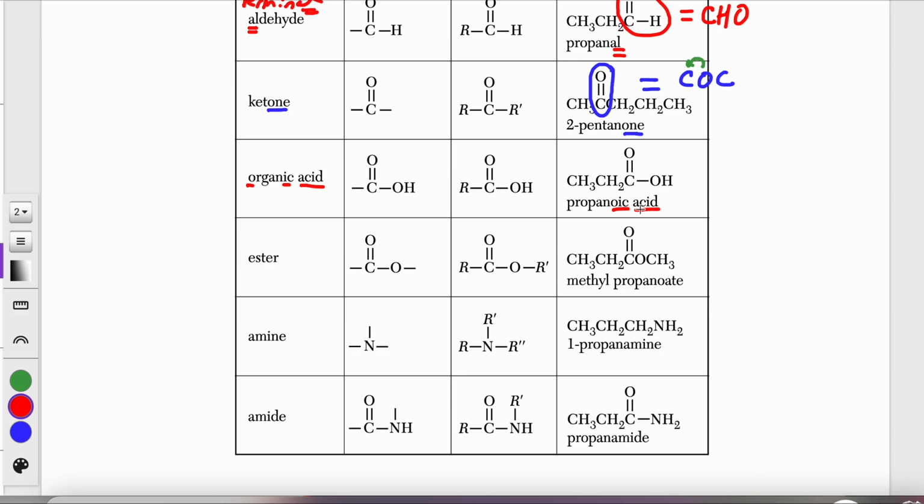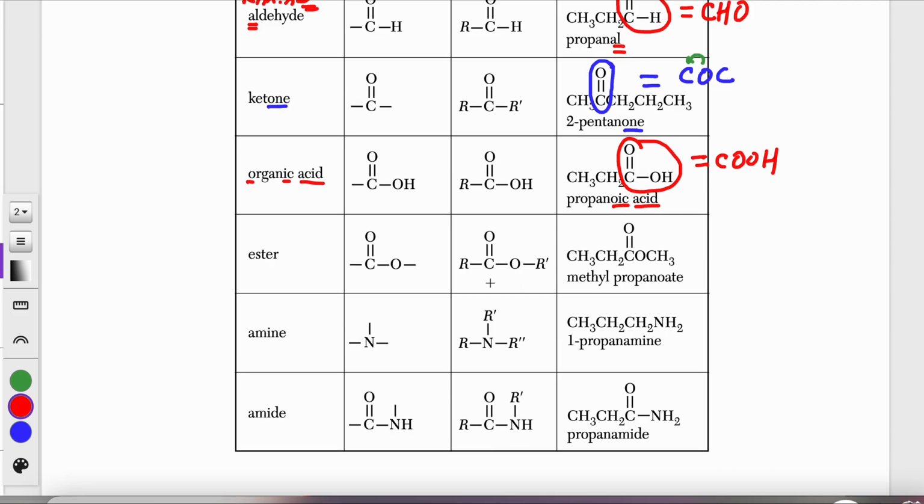It is oic acid, so organic acid. So the functional group is this guy. And in a fully condensed formula you are going to see it as COOH for an organic acid.